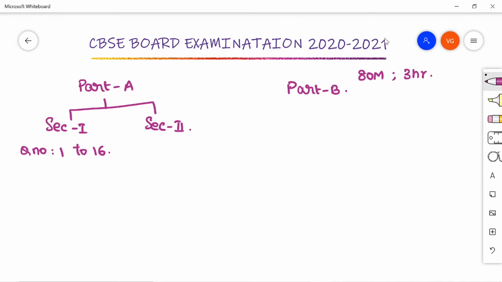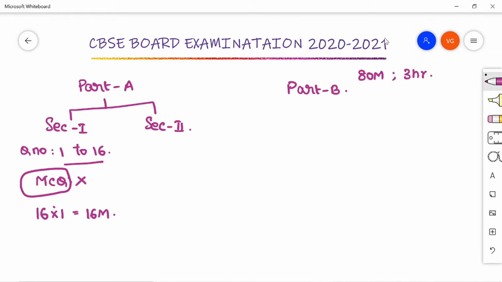If you see in basic math question paper, all these 16 questions are MCQs. But in standard question paper, these are not MCQs. So you need to give a proper explanation for that 1 mark here. So totally 16 questions in section 1, each has 1 mark. So 16 marks for section 1.